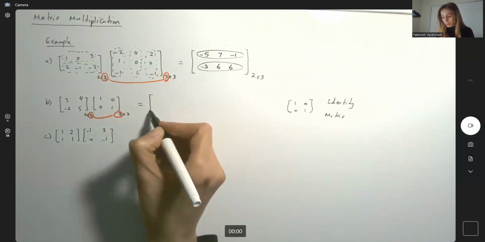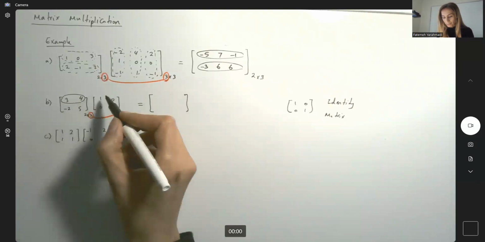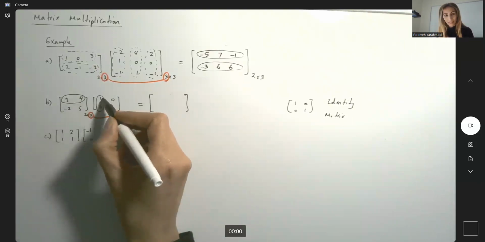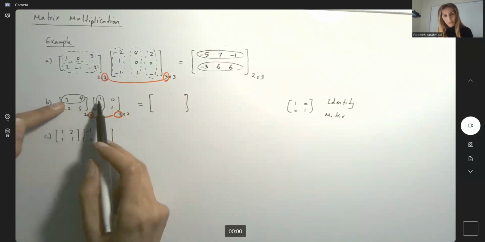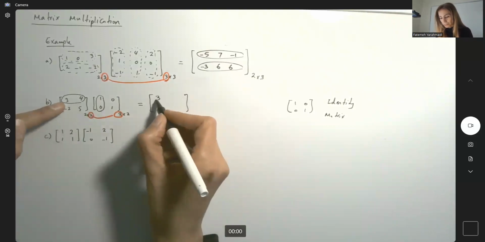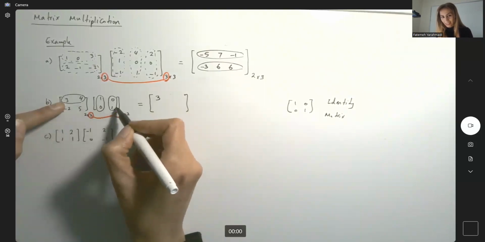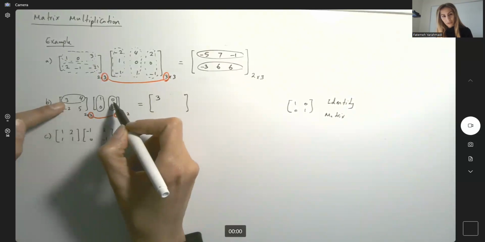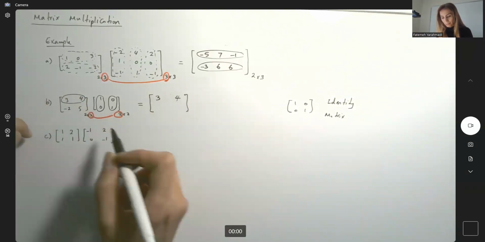So here we're going to have a 2 by 2 matrix, right? The very first row, dot product with the very first column. 3 times 1, 3 plus 0 is 3. The very first row, dot product with the second column. 3 times 0, 0 plus 4 times 1, which is 4.